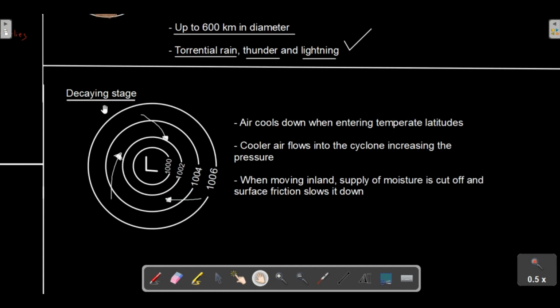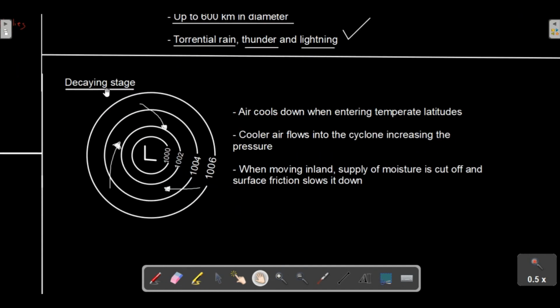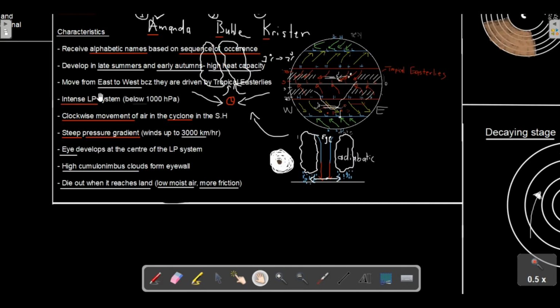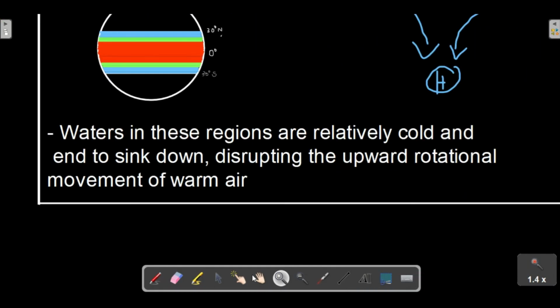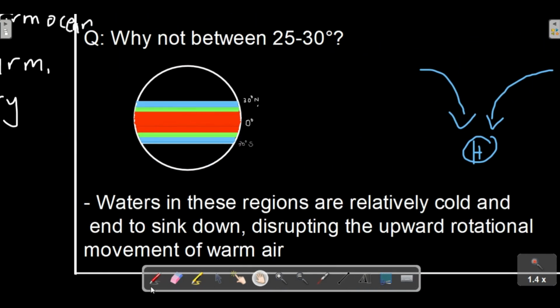And lastly, the decaying stage. With the decaying stage, guys, this occurs when a tropical cyclone enters colder oceans. Remember, colder oceans disrupt the circulation, because air in the system is rising up, while colder oceans introduce colder air, which is sinking down.